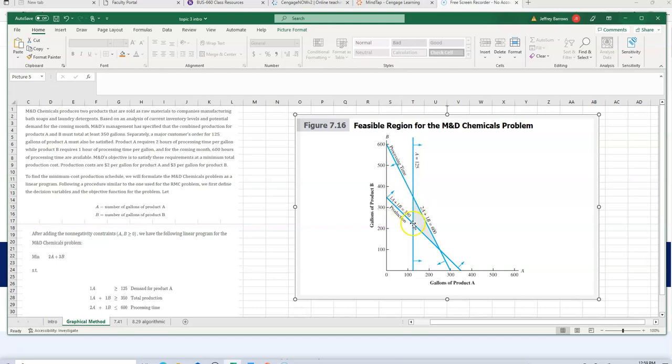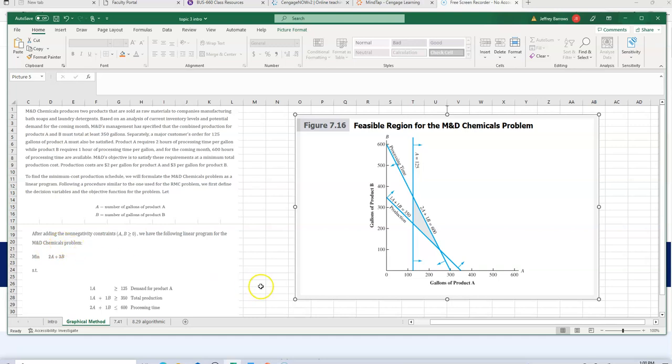And lo and behold, we have this obtuse angle, this triangle where you have all the ordered pairs that will satisfy these constraints and also have the opportunity to minimize the condition.